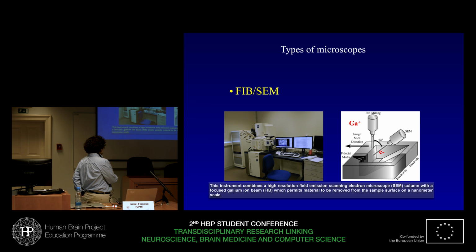You have another beam that is a scanning electron beam that obtains images like scanning electron microscopy. So you have a gallium ion beam milling your specimen, and an electron beam taking images. At the end, what you have is a stack of images that allows you to reconstruct three-dimensionally very, very small structures at the nanometer scale.